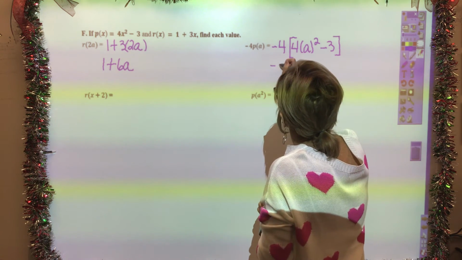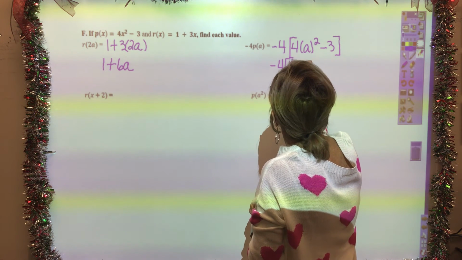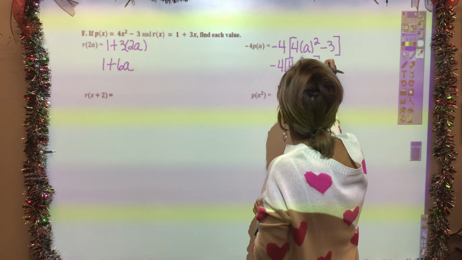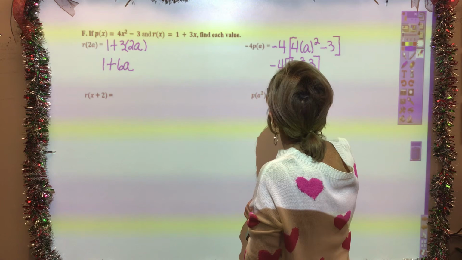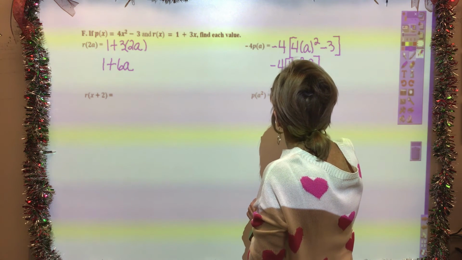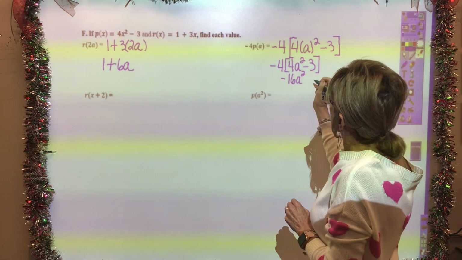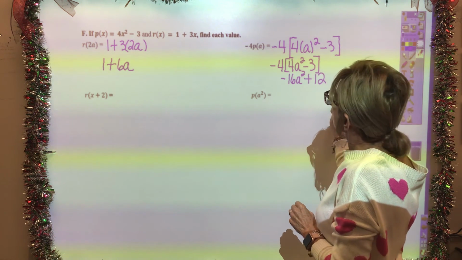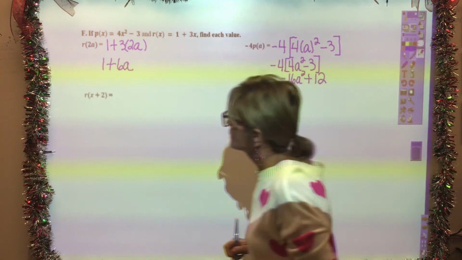So I'll have -4 times 4a squared minus 3. And I just want to distribute. -4 times 4a squared would be -16a squared. And -4 times -3 would be plus 12. So -16a squared plus 12.